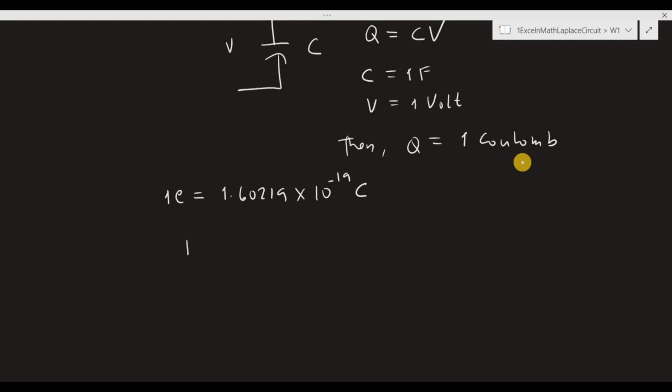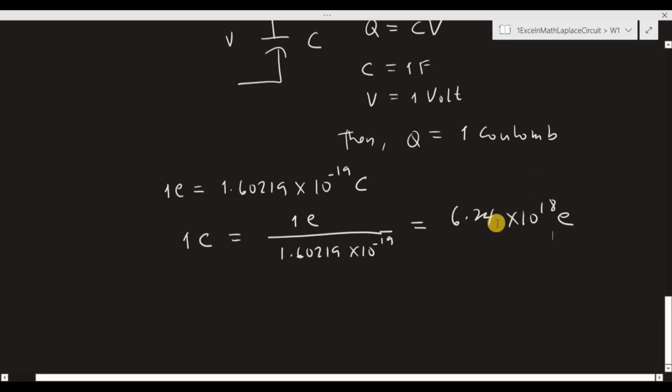In other words, a coulomb of charge consists of the following number of electrons: 1 electron over 1.60219 times 10 to the negative 19, and this is equal to 6.24 times 10 to the 18 electrons. So this is 6 quintillion 240 quadrillion electrons.